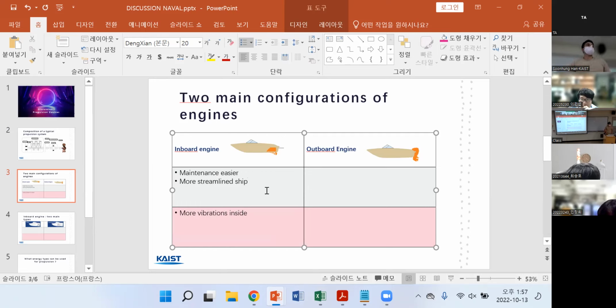In the case of military, it is much safer for the inboard engine, inside. And also the engine is more protected from outside things, like corrosion.